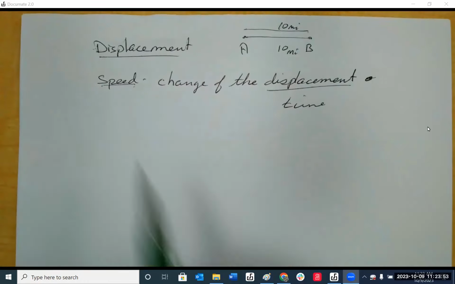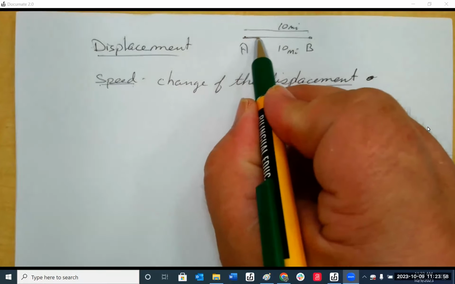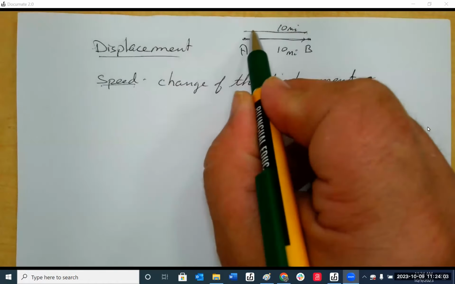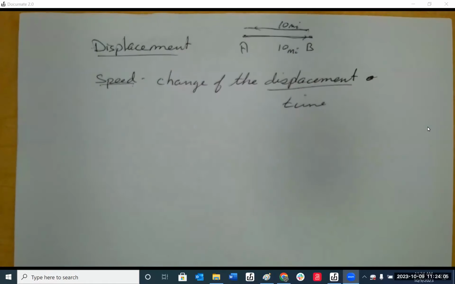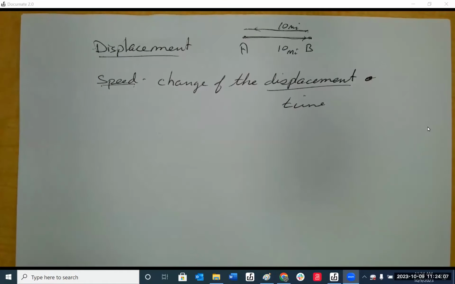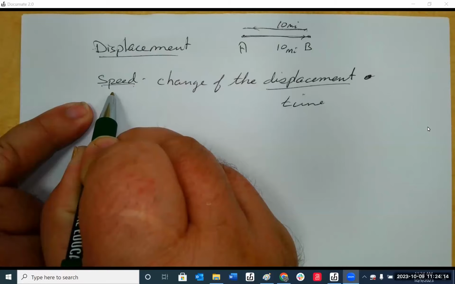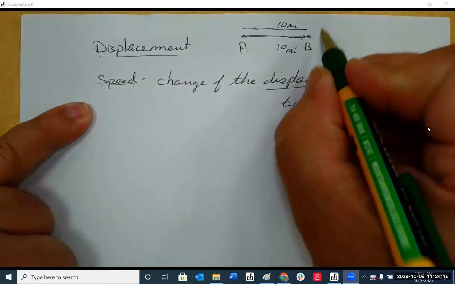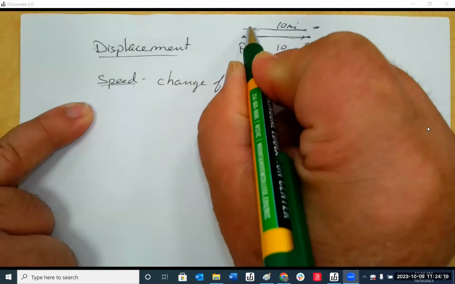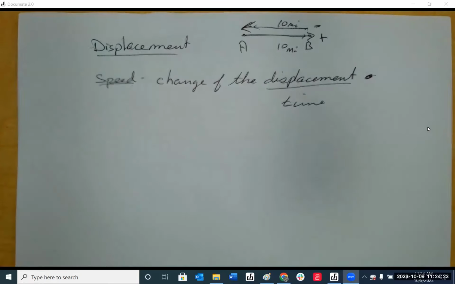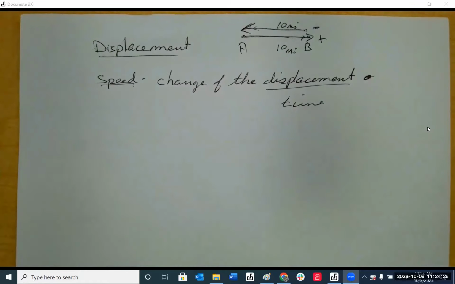But when it comes to speed, if I went from point A to point B, as opposed to point B to point A, they're going in different directions. So because they're going different directions, I now have a positive and negative. If I have a negative speed, I'm going backwards. If I have a positive speed, I'm going forward. So now you have an actual position.